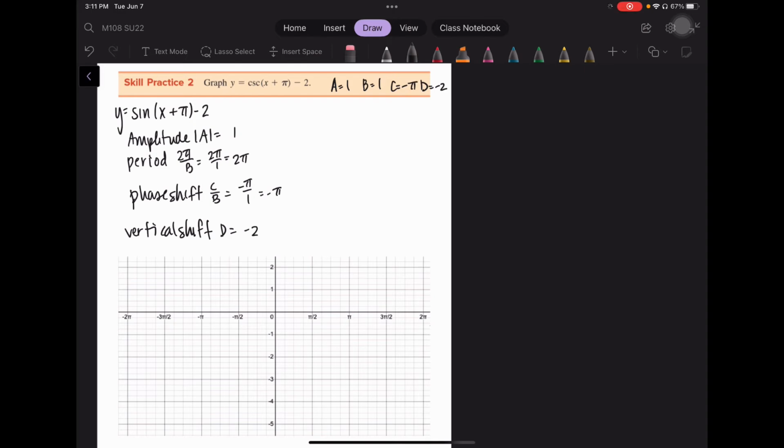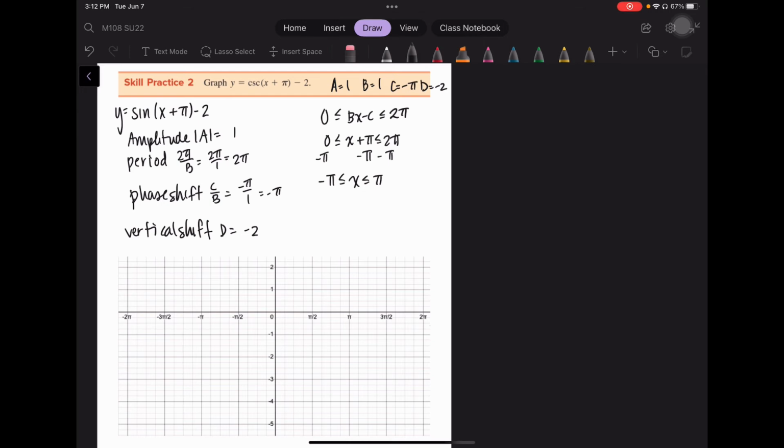So we have some information here, and we can also determine where one full interval is going to be by using the idea of 0 is less than or equal to Bx minus C is less than or equal to 2 pi. Subtracting pi from all three sides of the inequality, we have negative pi is less than or equal to x is less than or equal to pi. So one full interval is going to happen from negative pi to pi.